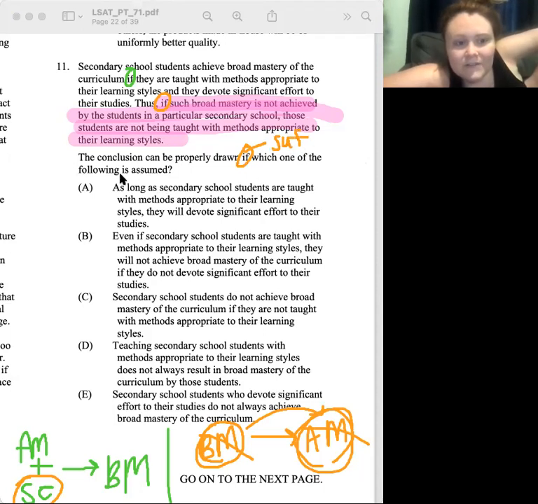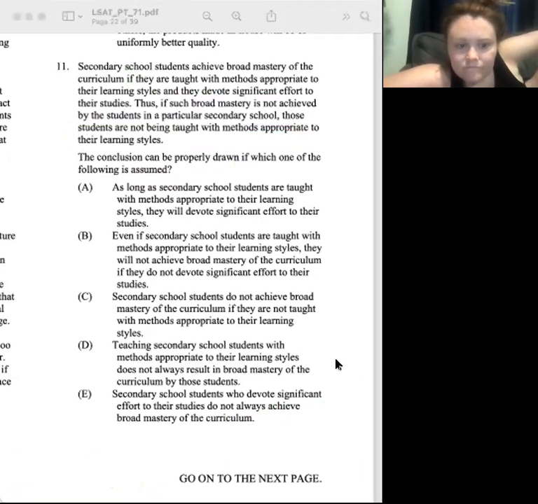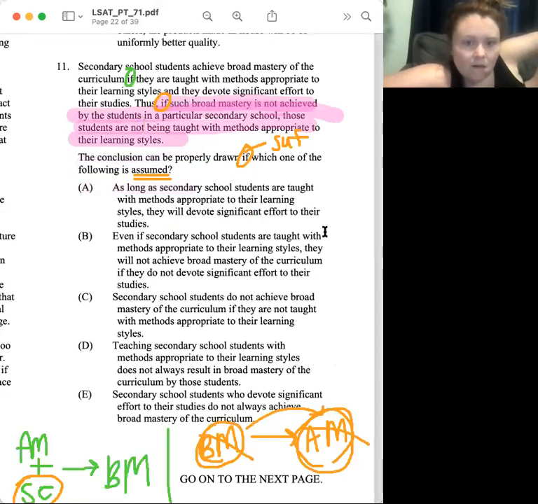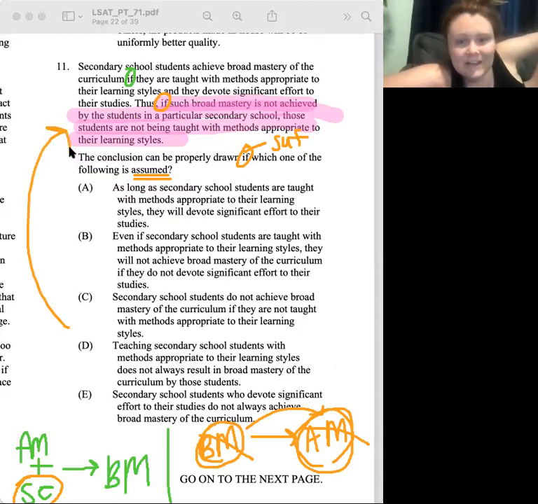So what is our goal of a sufficient assumption question? We want to find the missing link, how the conclusion can be true. These are super strengthen questions, right? We want to guarantee this conclusion.